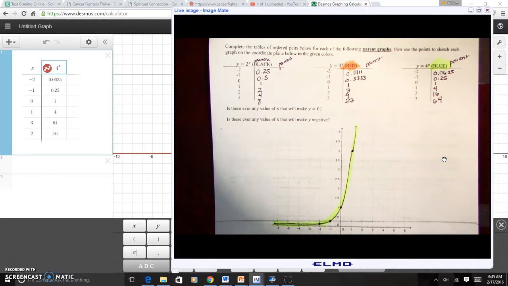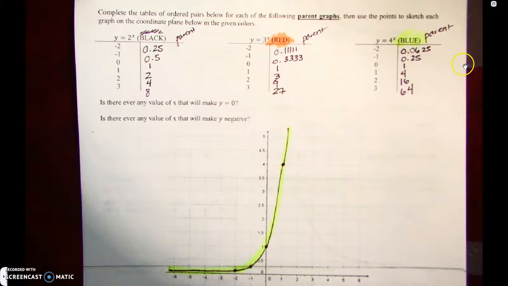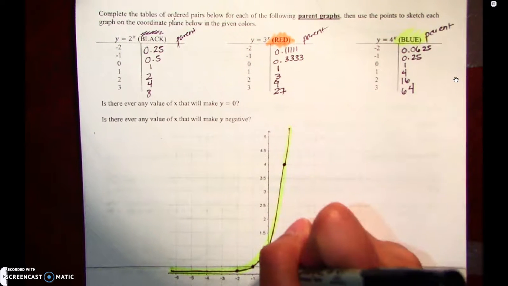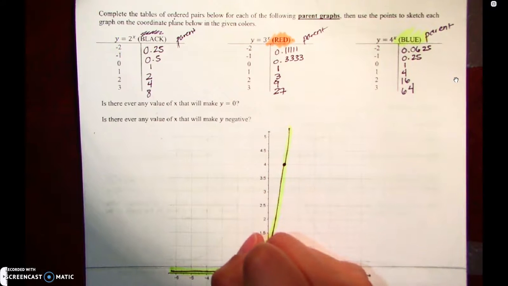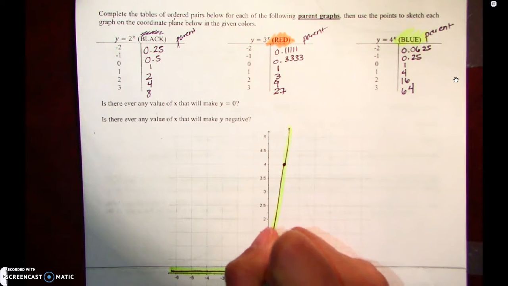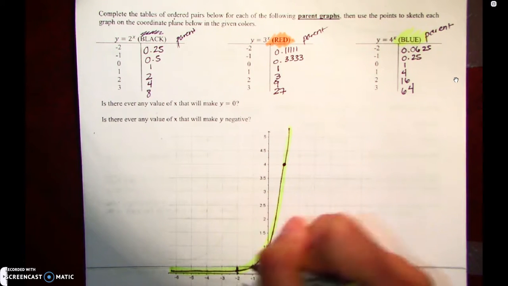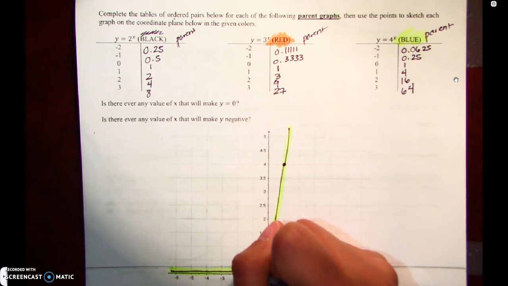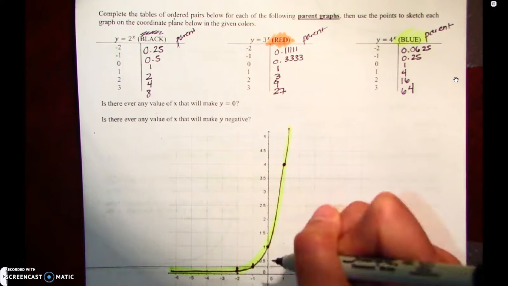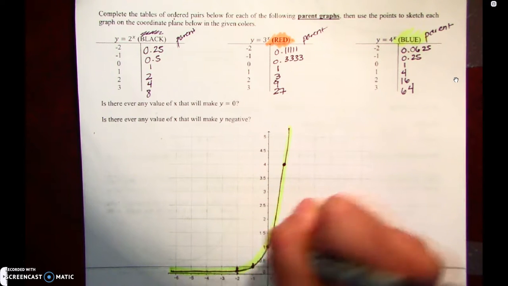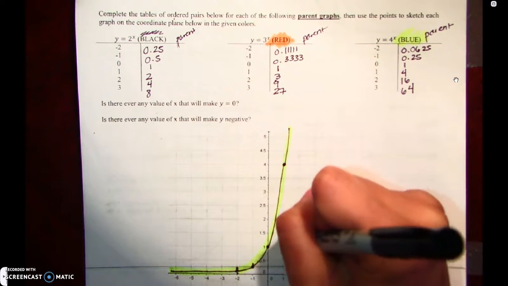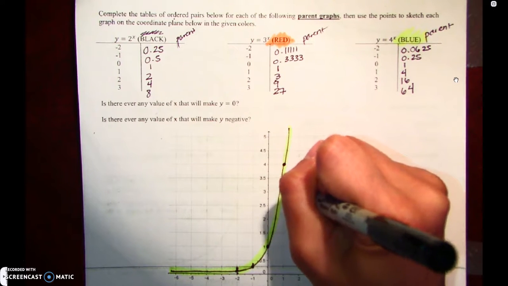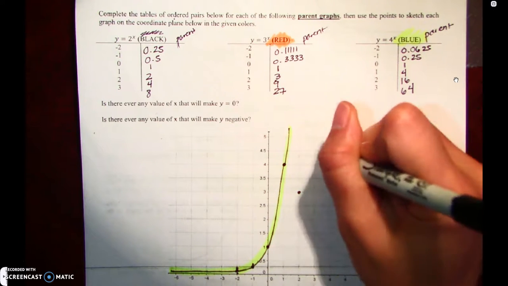Then you're going to do it again for 3 to the power of x. So 3 to the power of x at -2 is 0.11. So super close as well, a little bit above. Almost the same, I guess. -1, 0.333, a little bit more than 0.25. 0, 1. 1, 3. 2, 9.